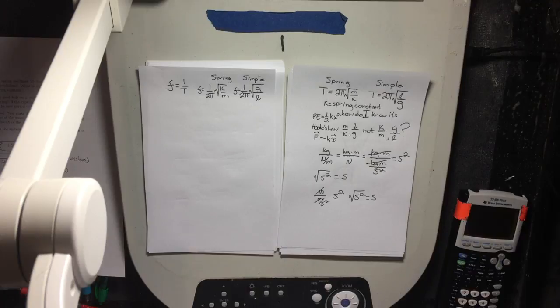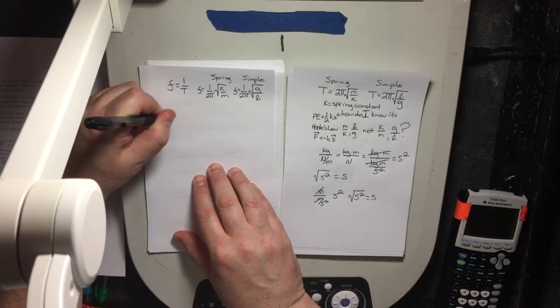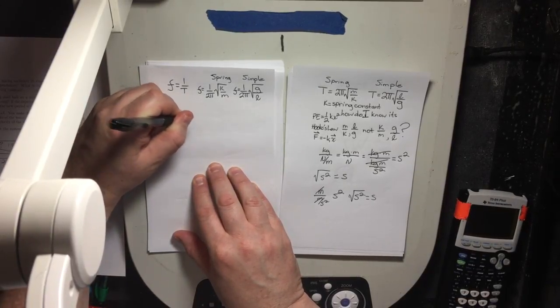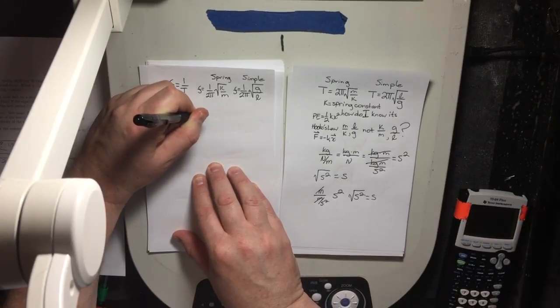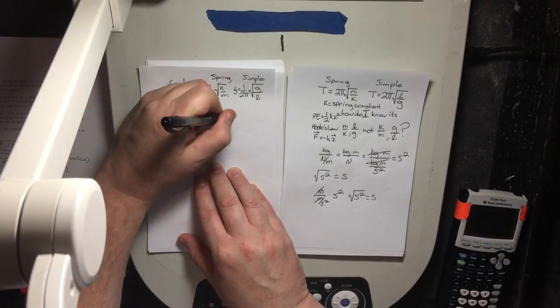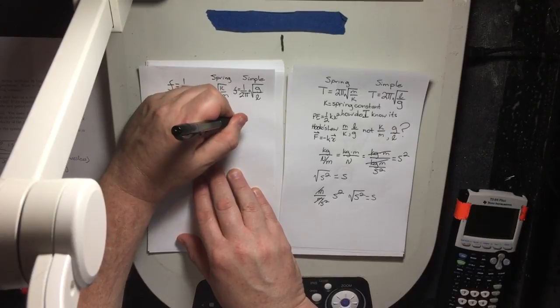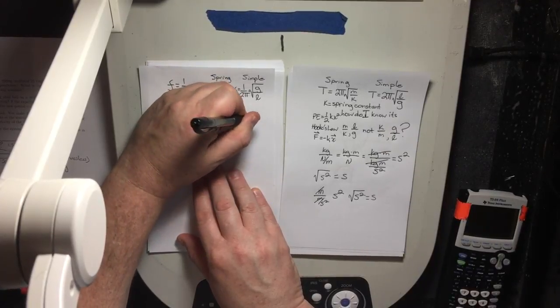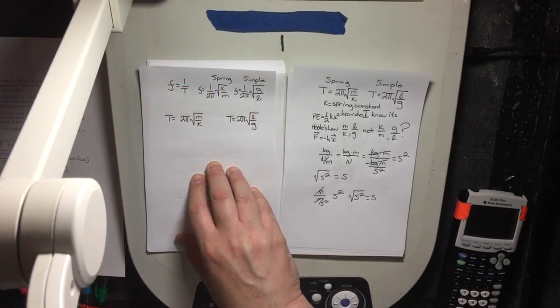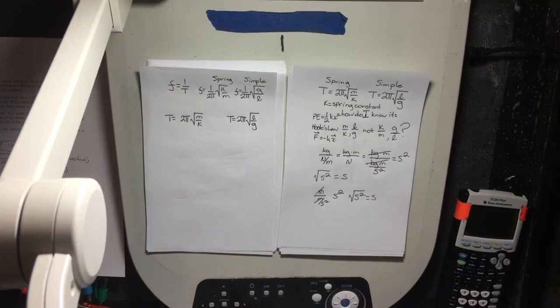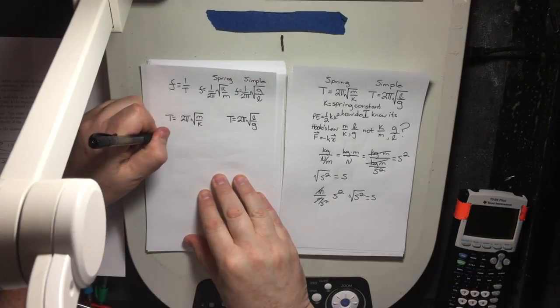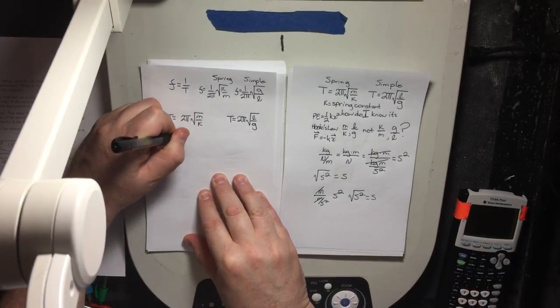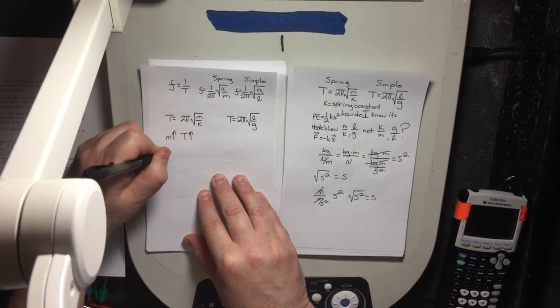Now, one of the things that we need to talk about are the dependencies of periods upon various quantities. If m goes up, period goes up.